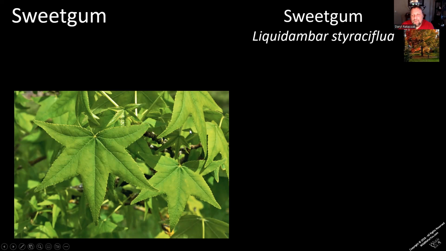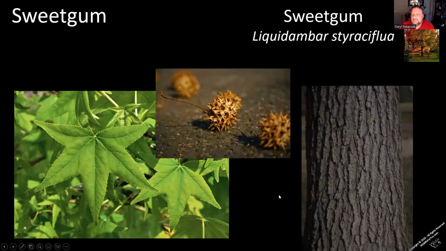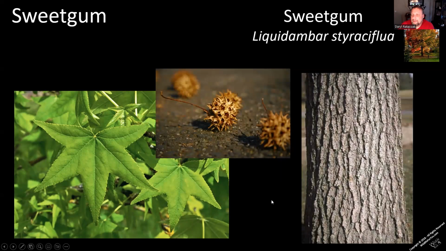But the one identifying feature that you absolutely will recognize are those sweet gum balls, those really thorny, prickly things that you scream when you step on them with bare feet. But really big tree, very beneficial tree. The bark is not very identifiable, but the leaf and the sweet gum balls definitely are.